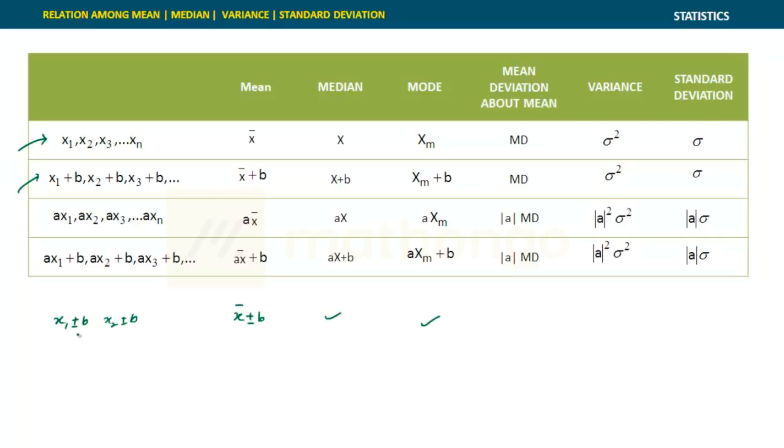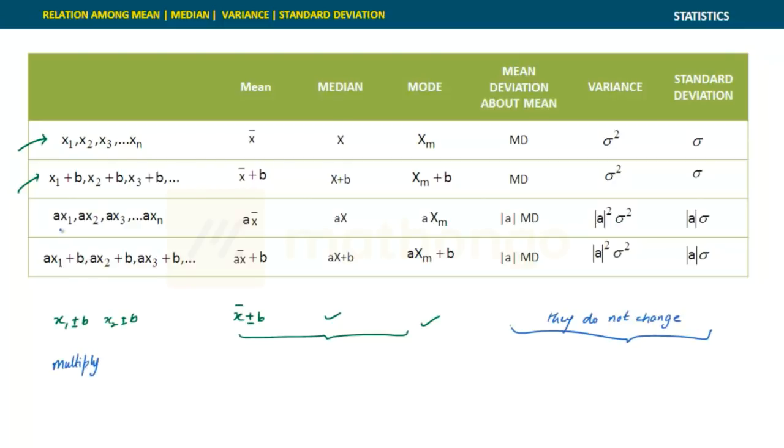So if you add or subtract something, mean, median and mode will definitely change, whereas the remaining three quantities, these are measures of central tendency, first three, and these three are measures of dispersion, they do not change. Can you see this? They do not change at all. So if you add or subtract anything in the data or the input, mean deviation, variance, standard deviation remain the same, right? But if you multiply, now let's see multiply.